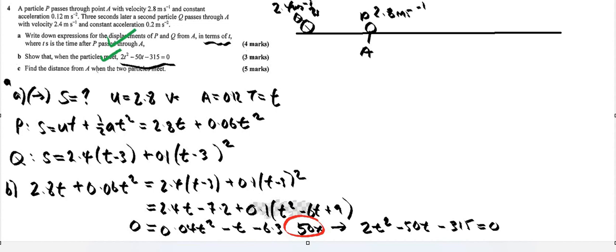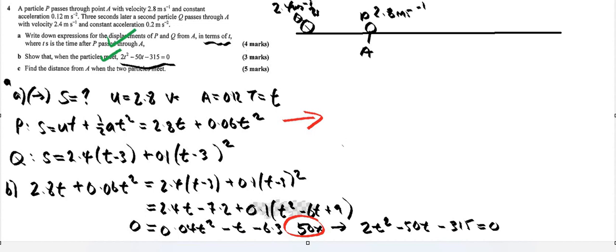Right, now find the distance from A when the two particles meet. So now all I've got to do is go back to P, because that's a simple one, and substitute in the time that I found.